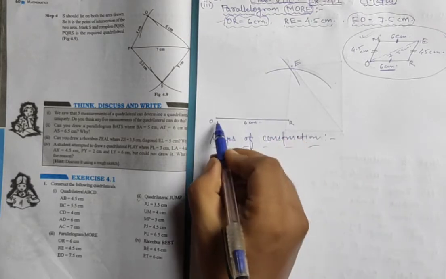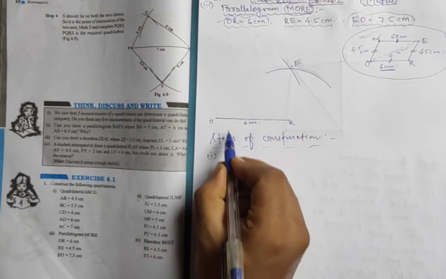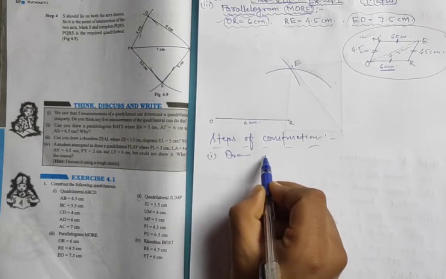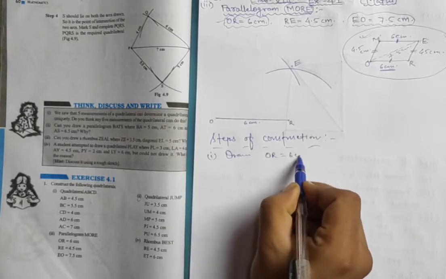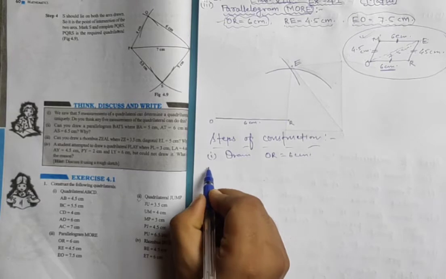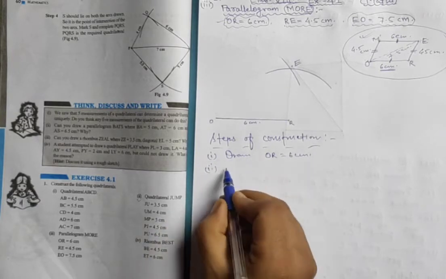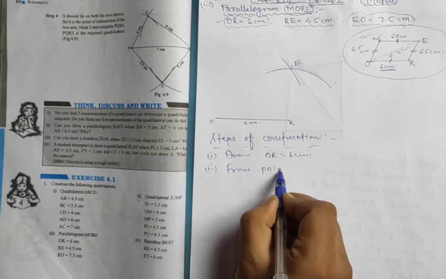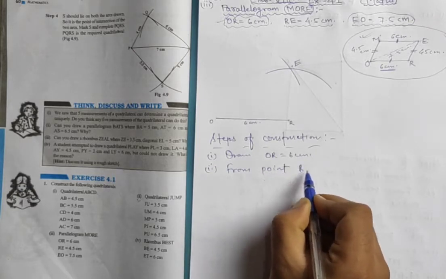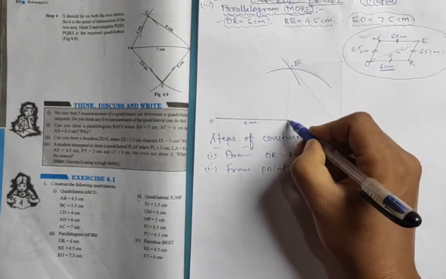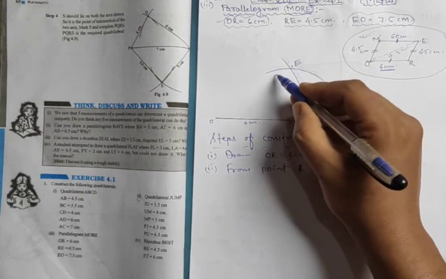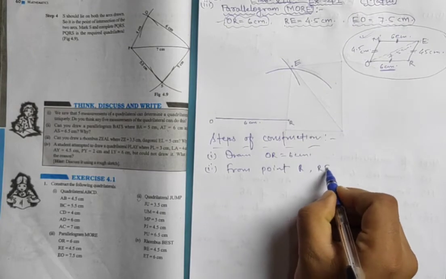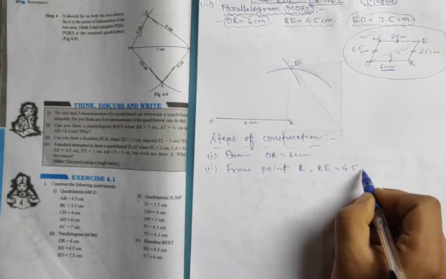So in the first step, what we have done, in the first step we have drawn OR equal to 6 centimeter. First step done. In the second step, from point R we have taken an arc of 4.5 centimeter, such that RE equal to 4.5 centimeter.